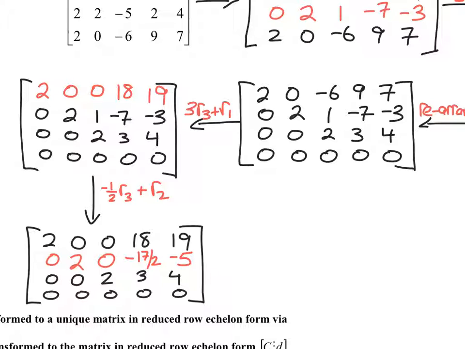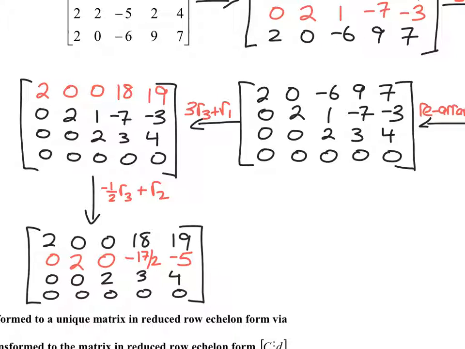So then we get to this point and we ask ourselves, is there anything I can do that's going to cancel out the 18 or the -17/2 or even the 3, without introducing non-zero values in the other columns? Because reduced row echelon form tells us the lowest rows should be your 0 rows, and the rows above that should be the rows that have your pivot values.